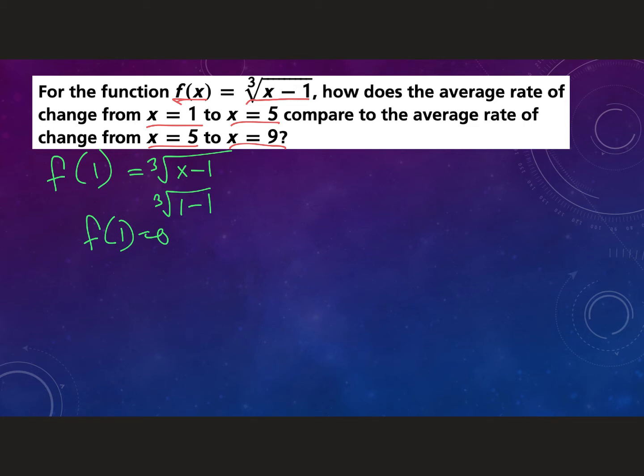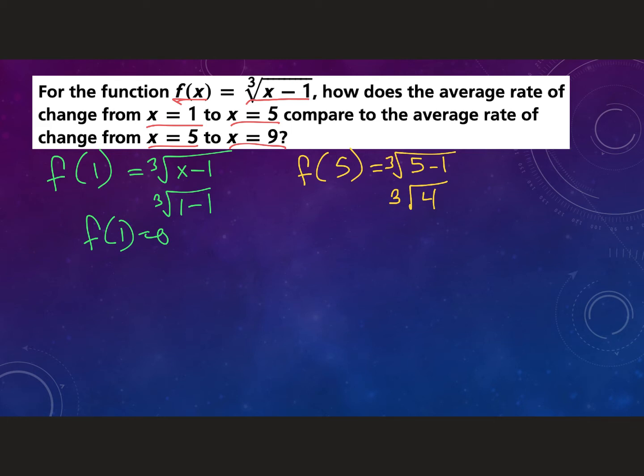Now let's find f of 5. If I have 5 as my input, the cube root of 5 minus 1 is the cube root of 4. I put that into my calculator, because that is really the easiest way to find these; you are not expected to know these. I know it's definitely going to be between 1 and 2.